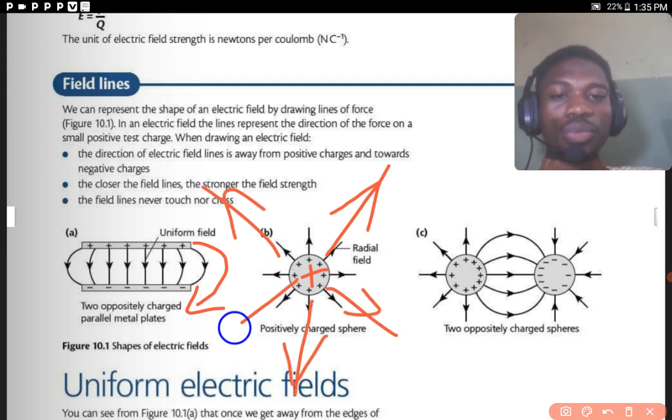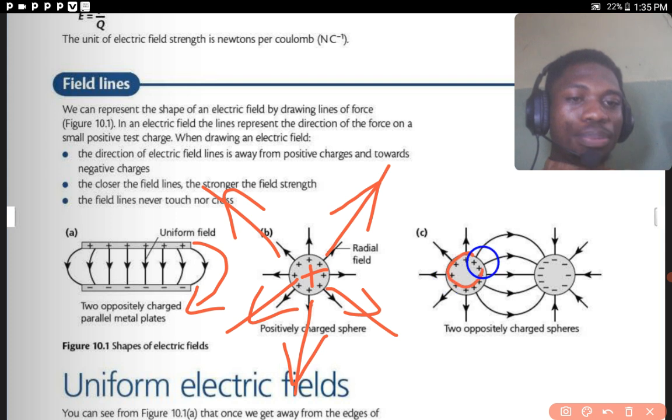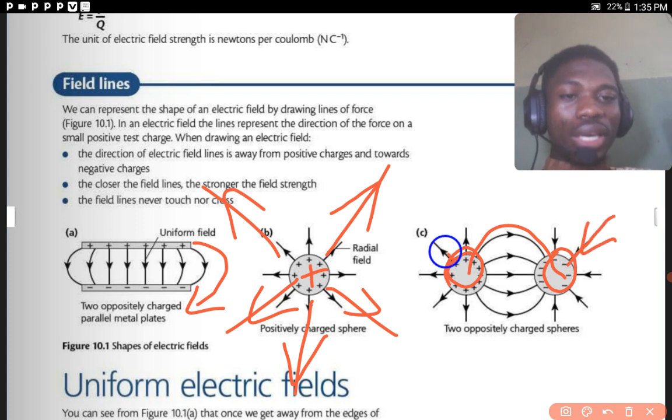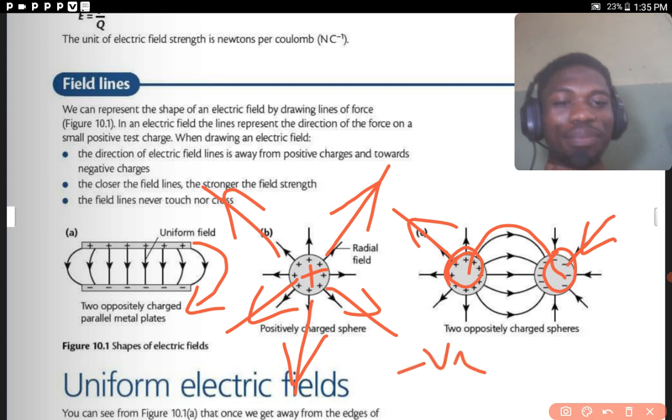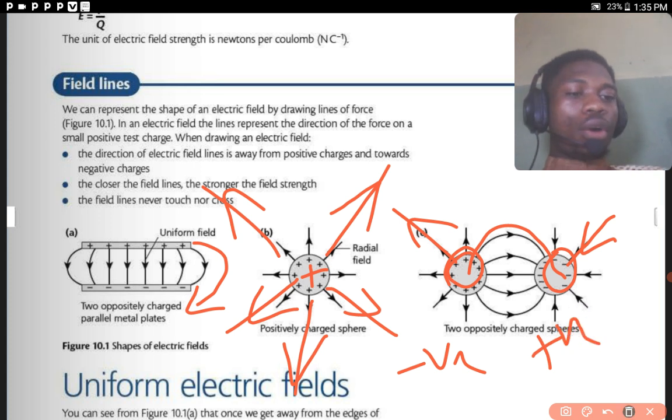For the negative, it is entering, and for the positive, it is going out. So what does it mean? It is centrifugal for the positive and centripetal for the negative. All right, that's it and done.